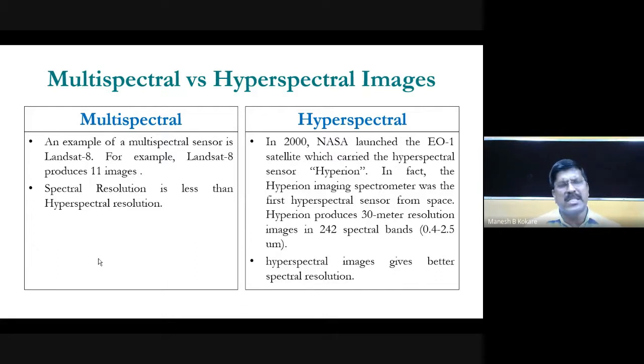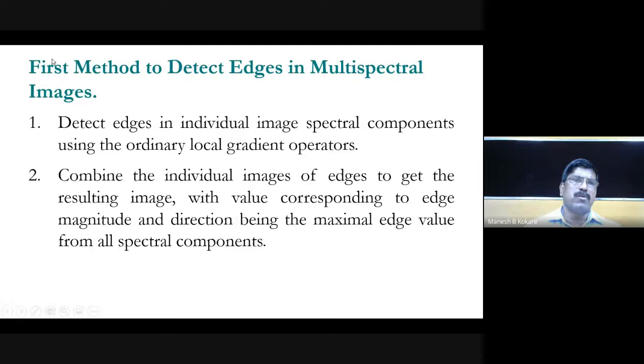We'll see 3 methods given in the standard book by Milan Sonka. The first method is very simple: detect the edges in each individual spectral component of the image by using a local gradient operator. Now, which are the local gradient operators?